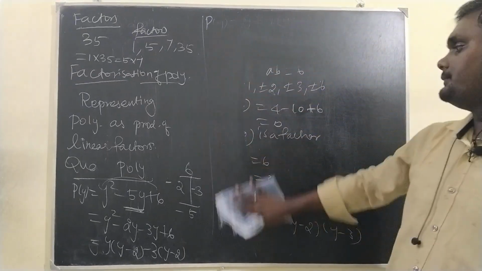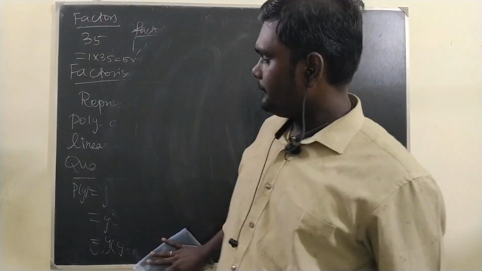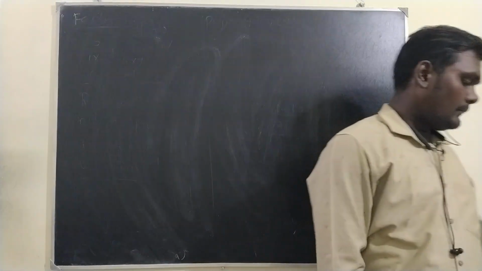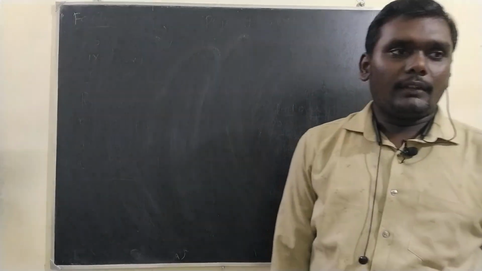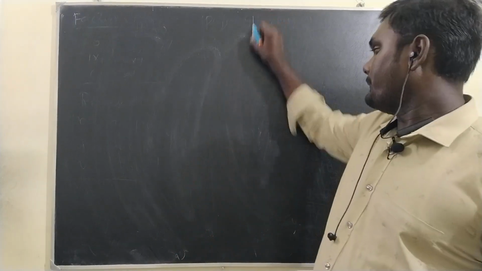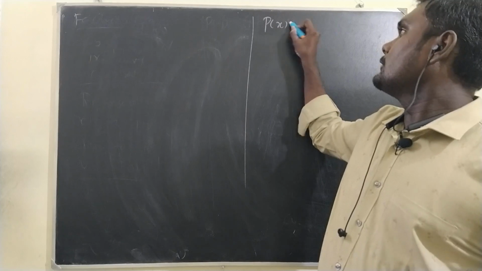Synthetic division we have to do. But before doing synthetic division, we have to choose a factor. How will you choose a factor? See the given example. Those are tricks.